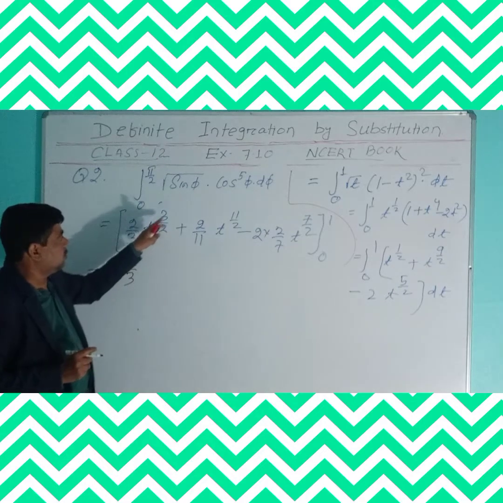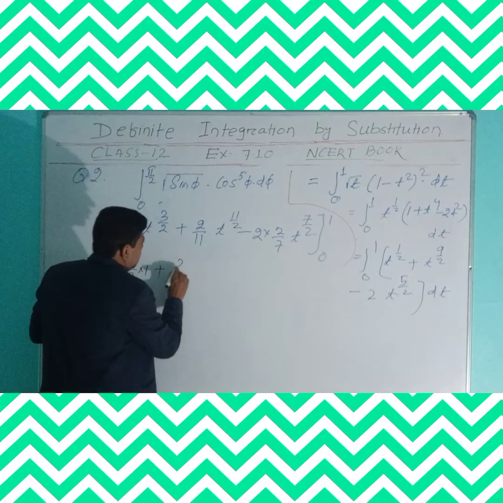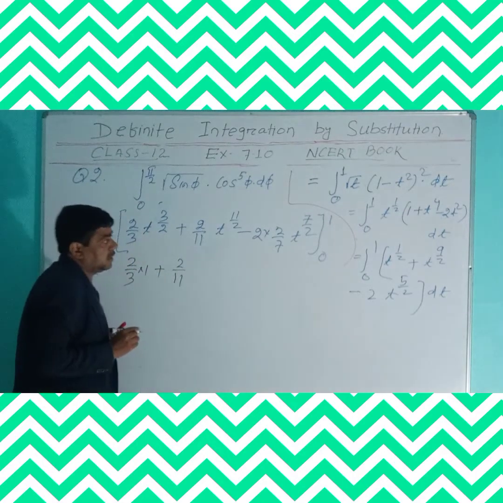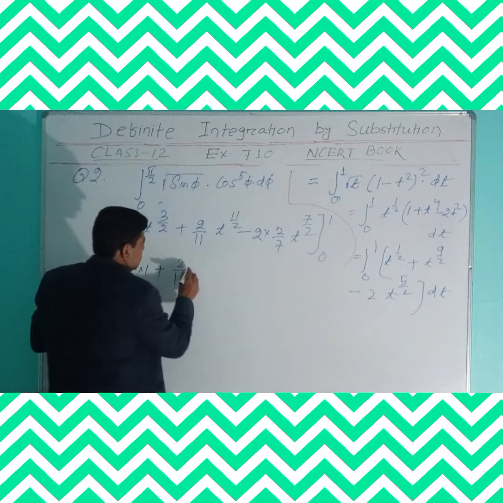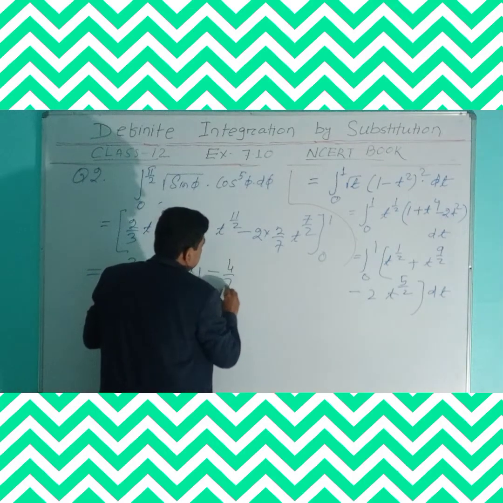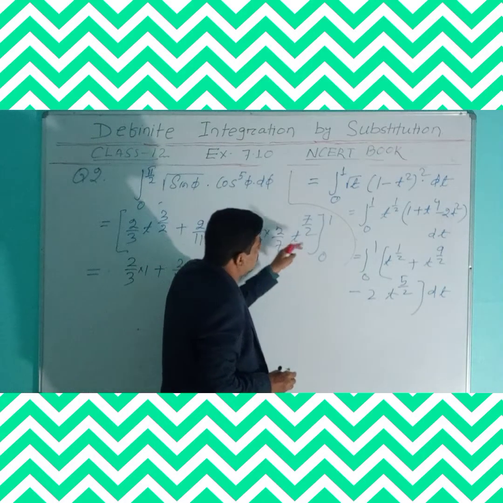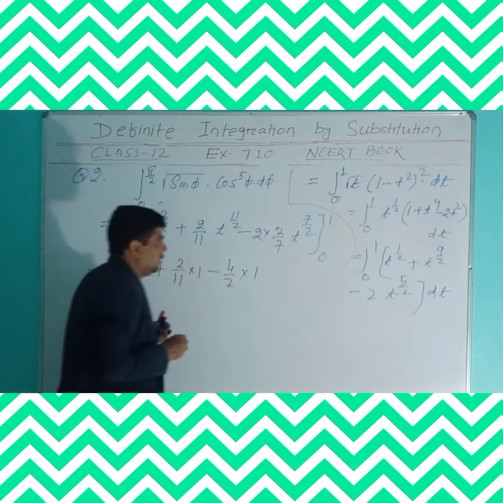Here 1 to the power 3 by 2, the value will be 1. Plus 2 upon 11. Similarly here the value is also 1. Minus 2 into 4 upon 7, and t to the power 7 upon 2, which is 1 to the power 7 upon 2, is also 1, right?